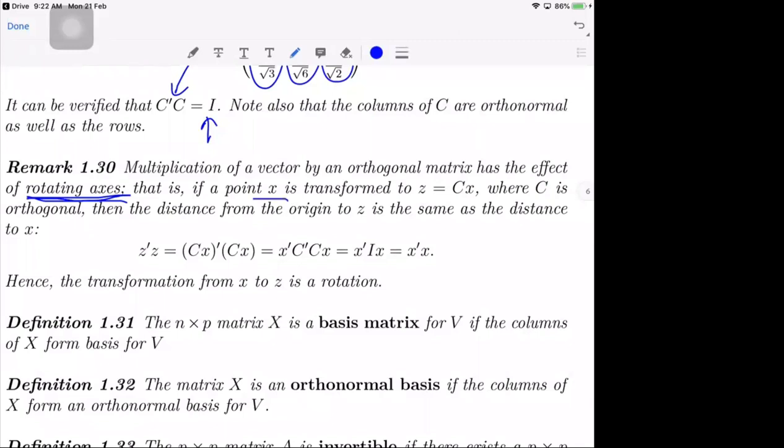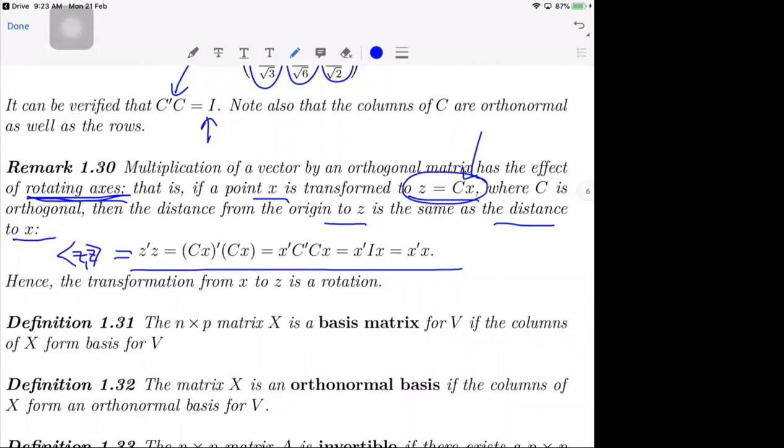That is, if a point X is transformed to Z by pre-multiplying it by an orthogonal matrix, then the distance from the origin to Z is the same as the distance to X, because the inner product of Z with itself, Z prime Z, will still equal the original inner product of X. So it's just a rotation of axes.